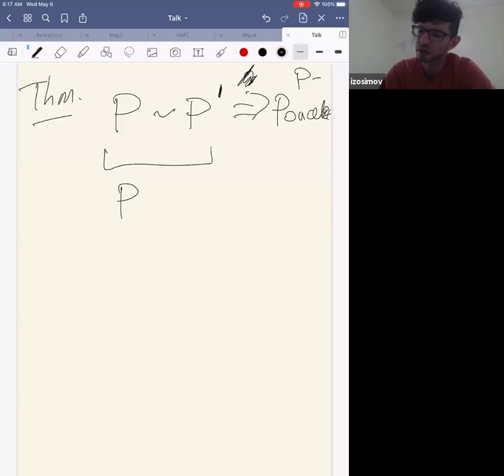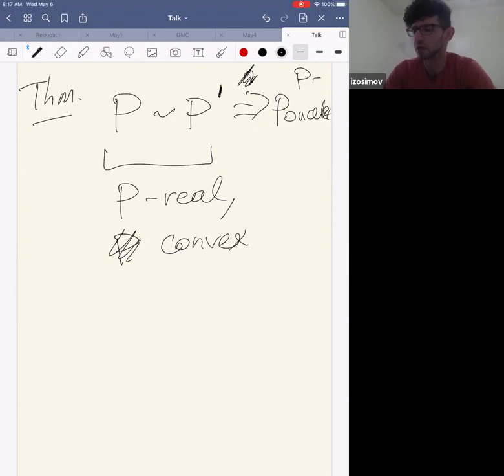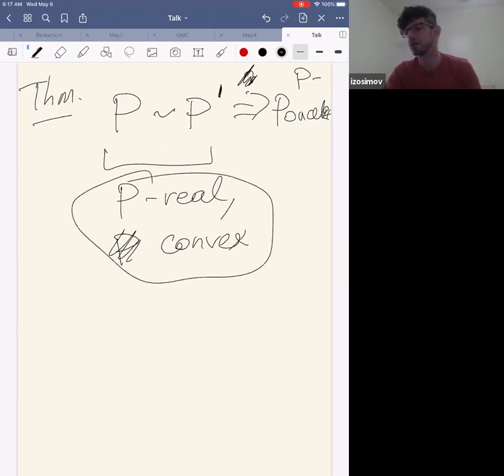So we will assume that P is a real polygon. And moreover, we'll need to assume that it's not just real, but it's also a convex polygon. So it turns out that if P is real and convex, and it has this property that it's projectively equivalent to its, so to say, diagonal polygon P prime, then this completely characterizes Poncelet polygons.